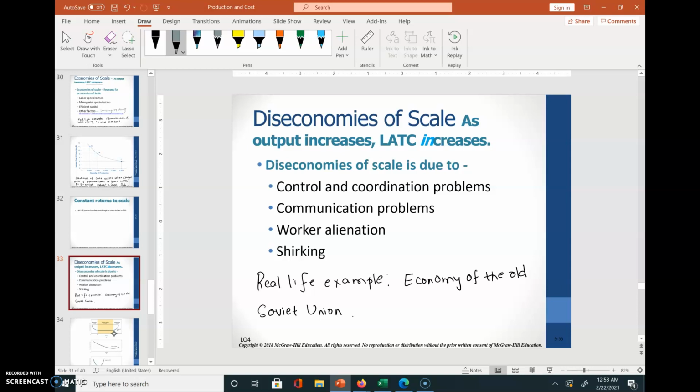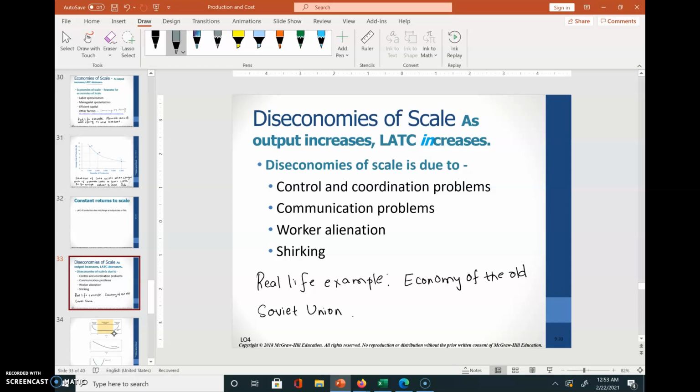There can be problems with communication between different levels of management, failure to communicate, and that will lead to disruptions in flow of work and materials. So this might lead to worker alienation. This might lead to shirking in the workforce.